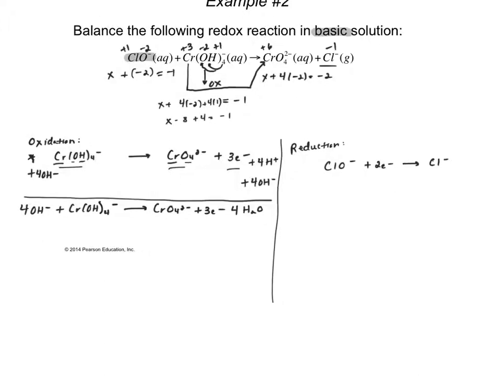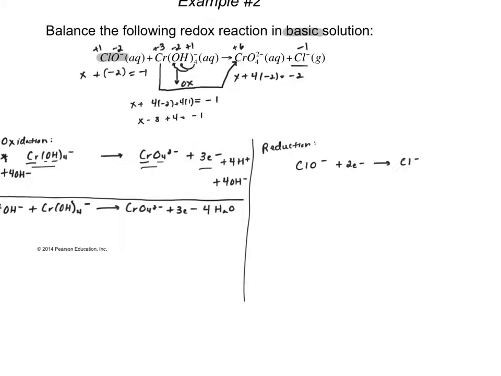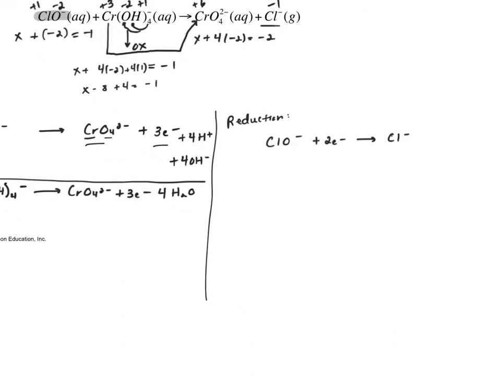ClO-. All right, so again, we start with balancing any atom besides oxygen and hydrogen. The only other thing there is chlorine. They're balanced, right? We have 1 and 1. Now we're going to balance the oxygens. Are they unbalanced as is written on our reduction half reaction? Right, we have 1 oxygen as a reactant, we have 0 as a product.